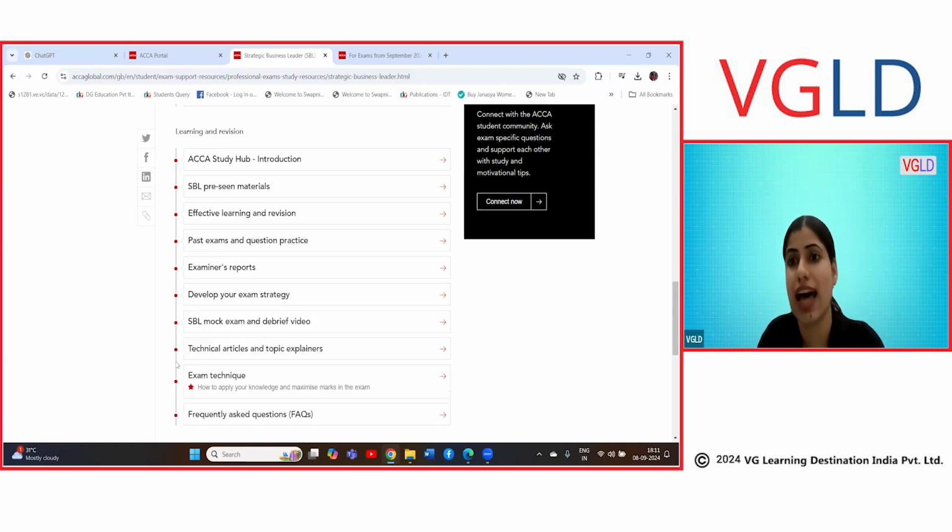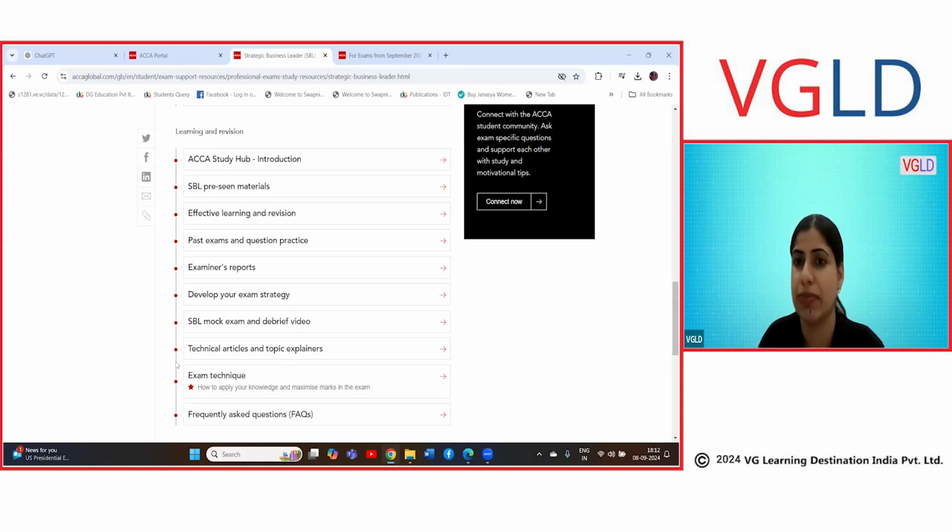Recent technical articles have a very important role, and in this attempt as well, in two papers, technical articles were tested, in the APM area and in the AAA area, regarding sustainability-related issues. So make sure you have a look at the recent technical articles, that means those launched within the last 6 to 8 months. Until they have been tested, it is predictable that they will be tested in any paper.